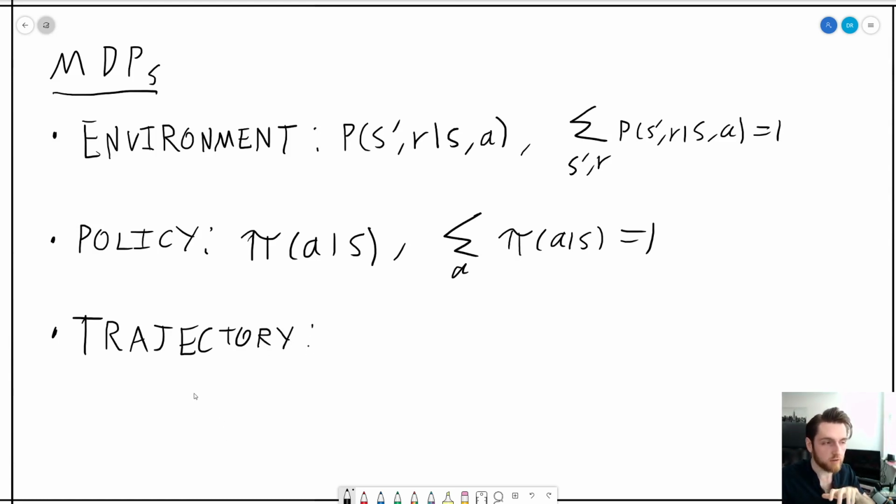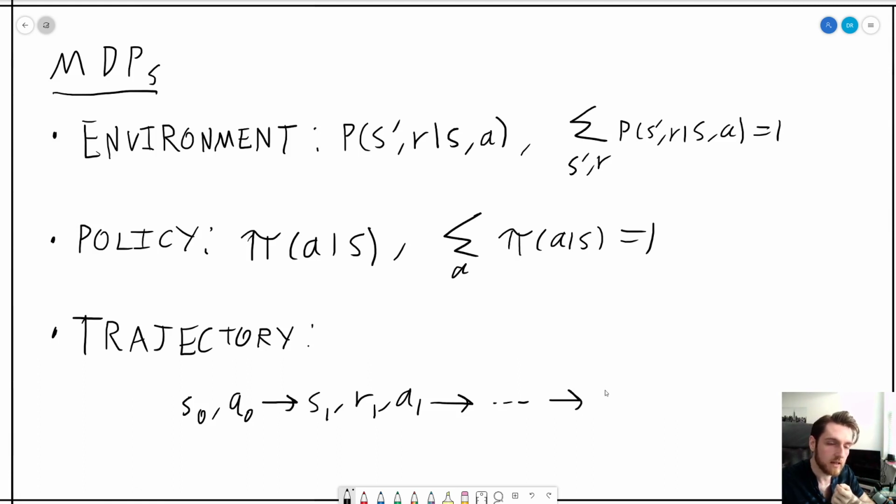So simply put, if we start from S0, we take some action A0, this leads us to the state S1, we get a reward R1, and then we take another action A1. And this continues until some end time where we receive the final state and the final reward.